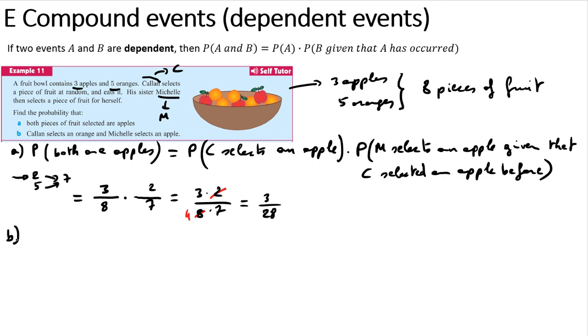Let's do B. There we have to find the probability that Callan selects an orange and Michelle selects an apple.